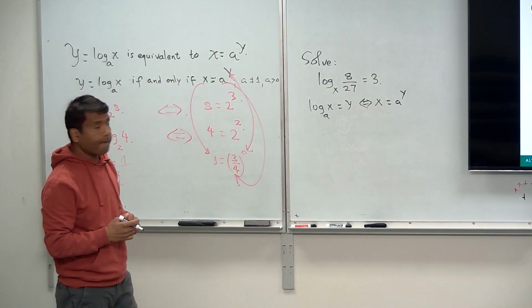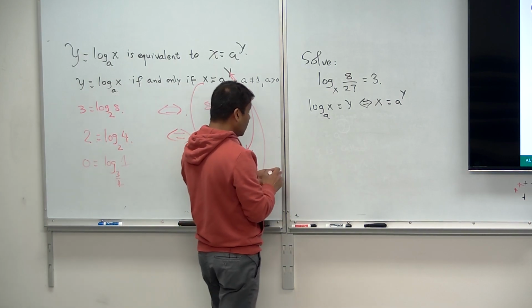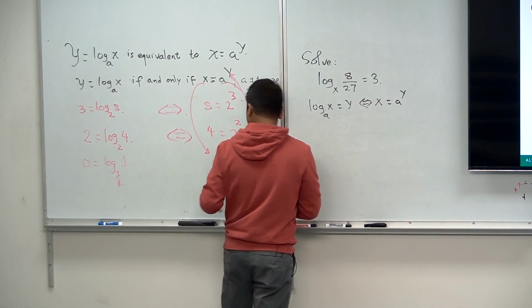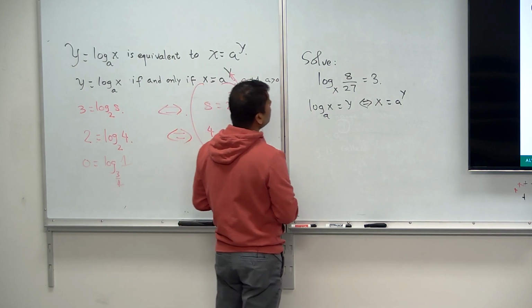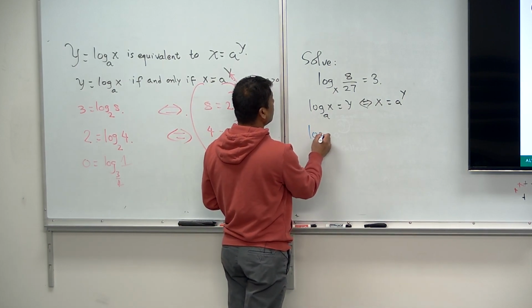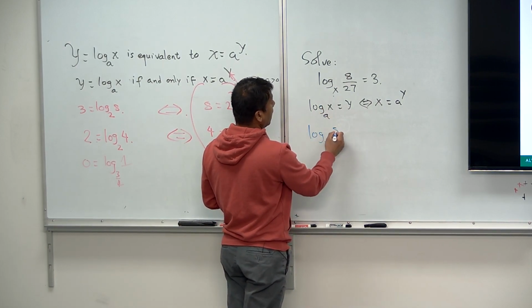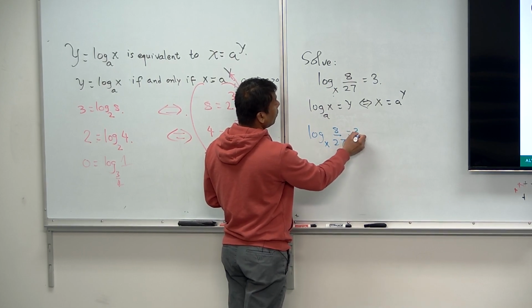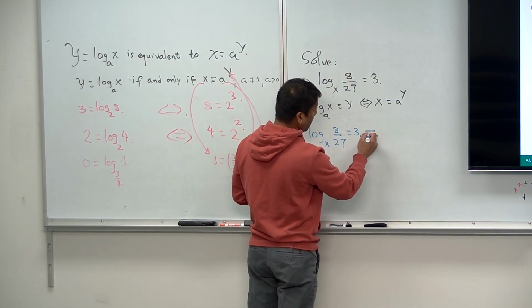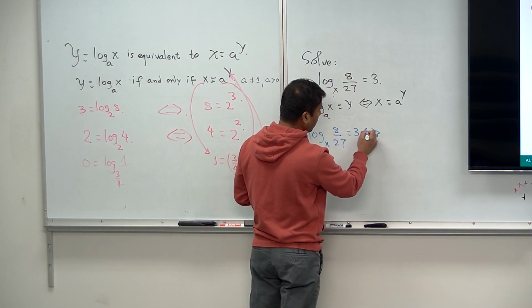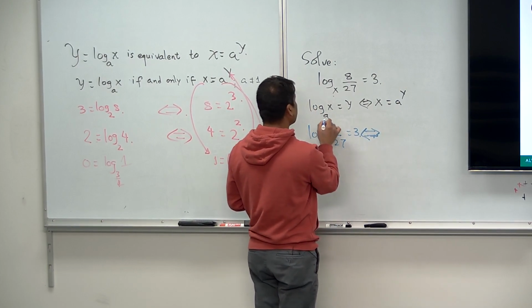So now what you have here is logarithm with base x of 8 over 27 equals 3. So this is equivalent with, what is your x?